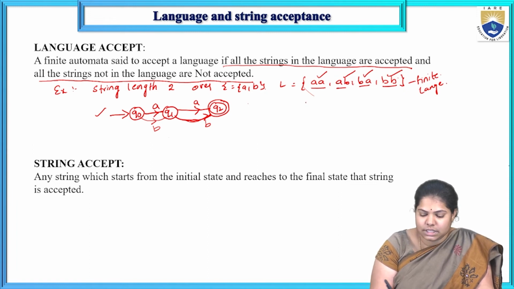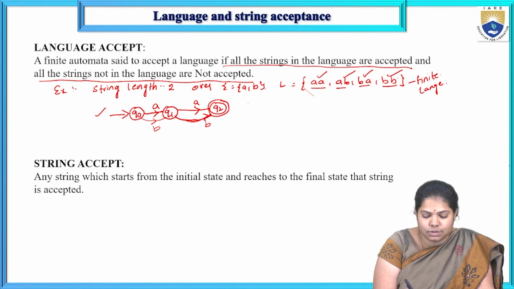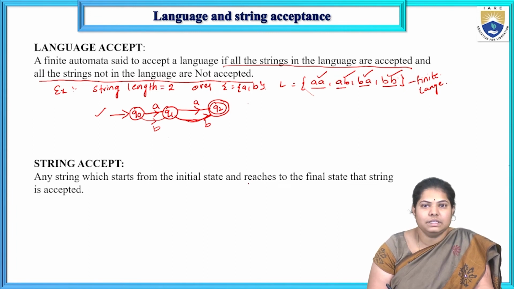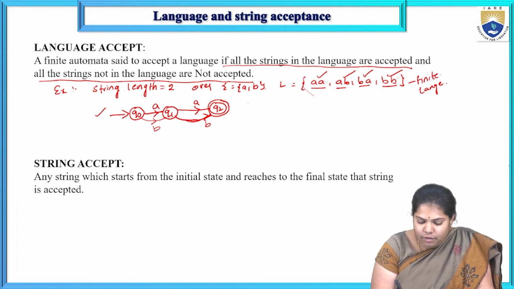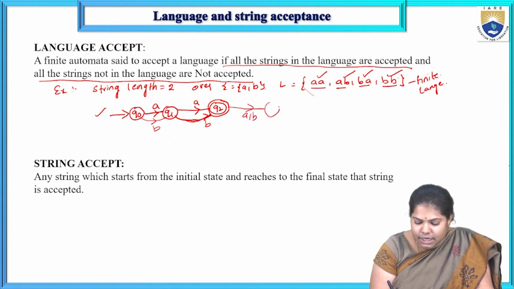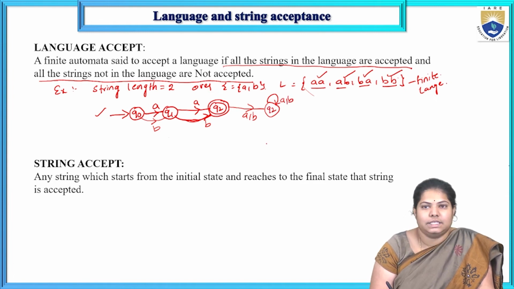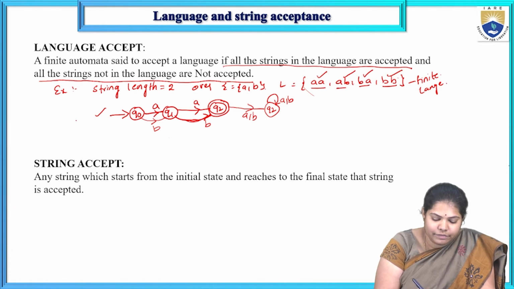But the question is a string length equal to 2. So after this, whatever I get, A and B, I just send it to the dead state. So this is the DFA for the string length of 2.